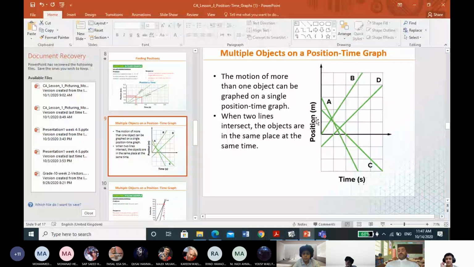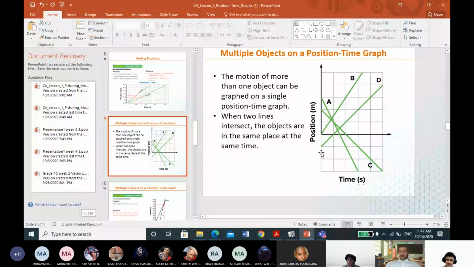Another time, the position of D. The position of D at time equals 0 is minus. So maybe, guys, sometimes some objects are to the left of the origin, and sometimes some objects are to the right.